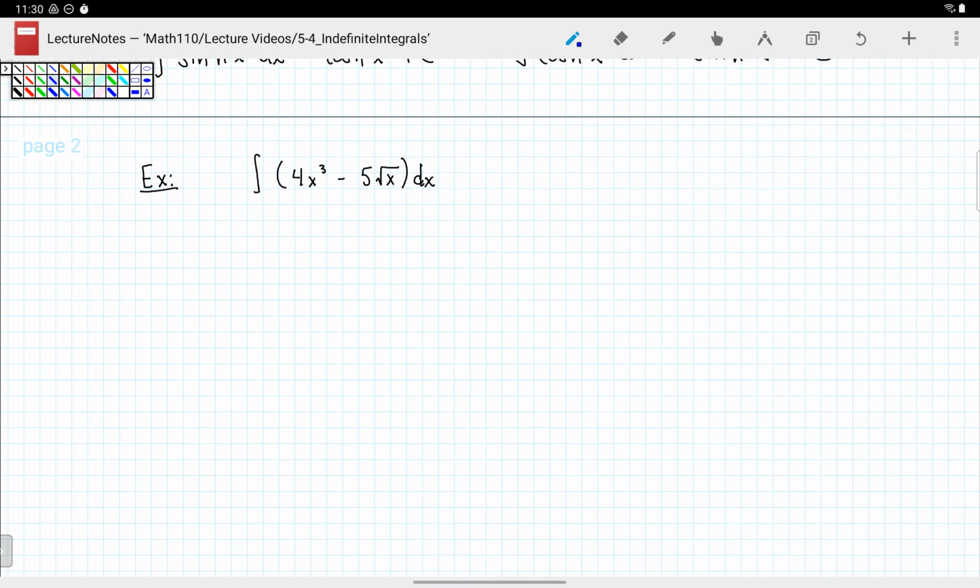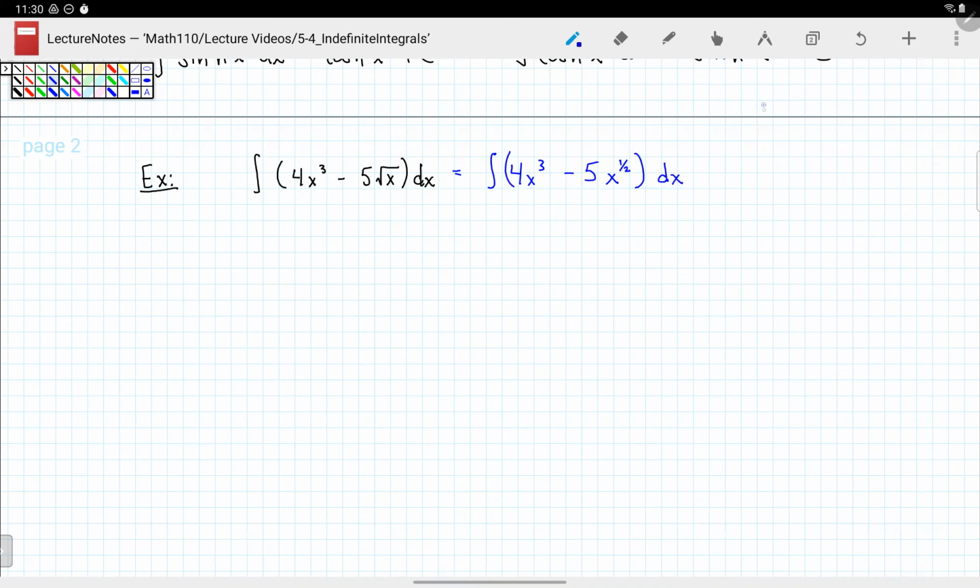Because derivatives respect sums and differences without any fuss, antiderivatives also respect sums and differences without any fuss. So I'm going to look at these as power functions. This is 4x to the third power minus 5 times x to the 1/2 power.